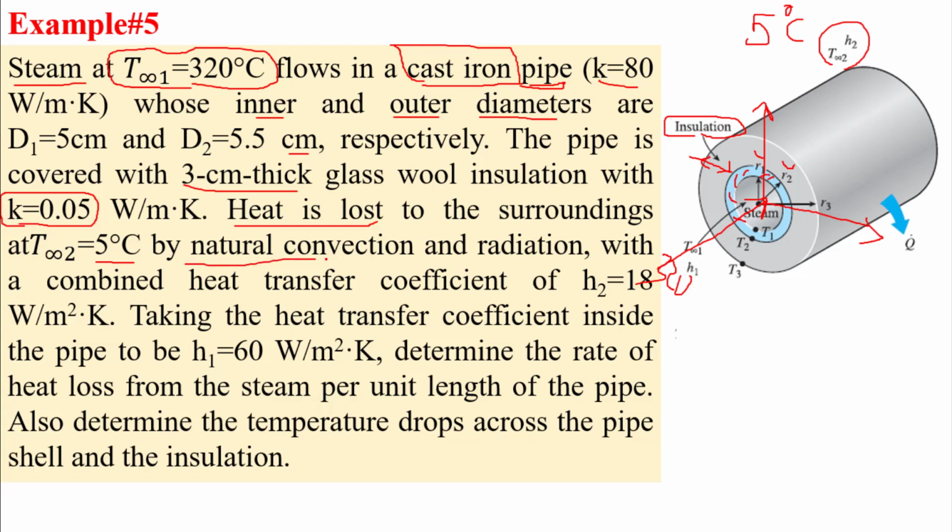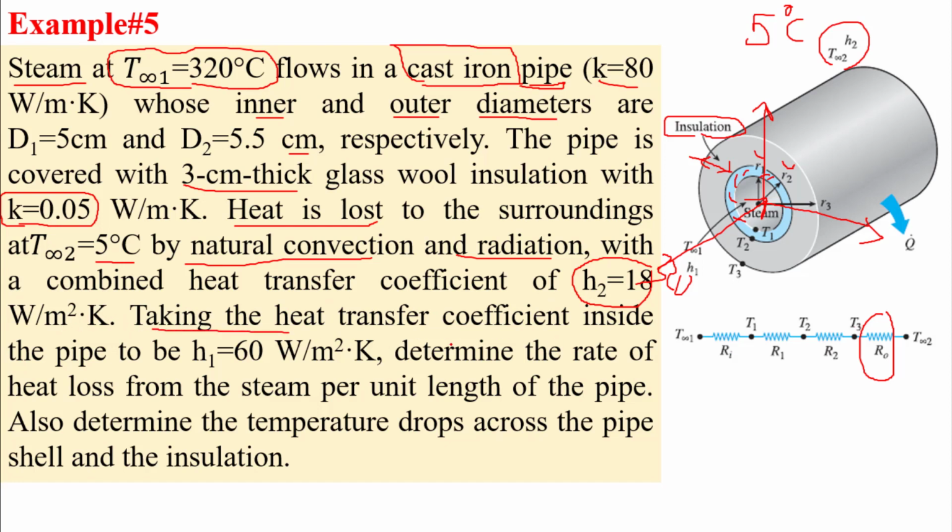How does it escape? By natural convection and radiation again, with a combined effect, and here the question gave us h for the combined effect. So if he asks us to draw the resistance network, outside we have only one resistance, because here we have the combined coefficient, which is equal to 18 watt per meter squared Kelvin.